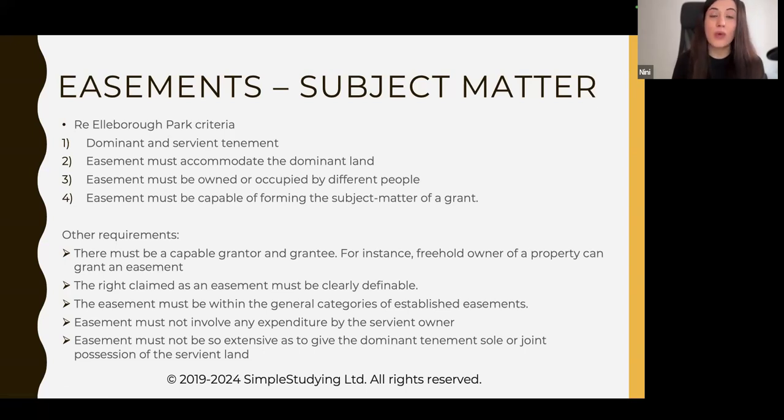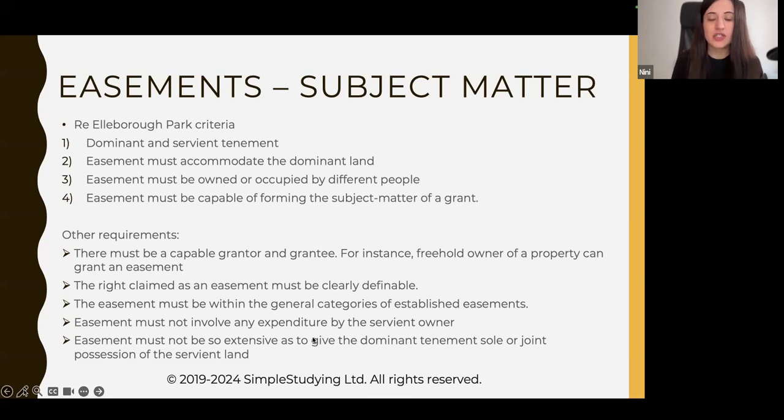Right of way, like the right to the highway for a landlocked property, is a recognized easement. So you have to look at previous cases and compare them to the problem question at hand, and find out if the potential easement you have in the problem question has already been recognized in any of the cases before.